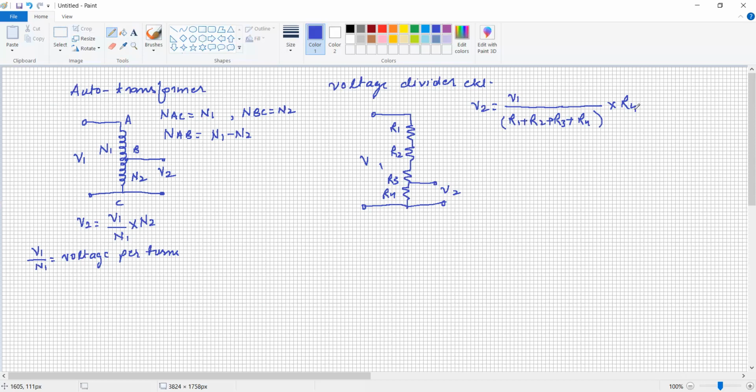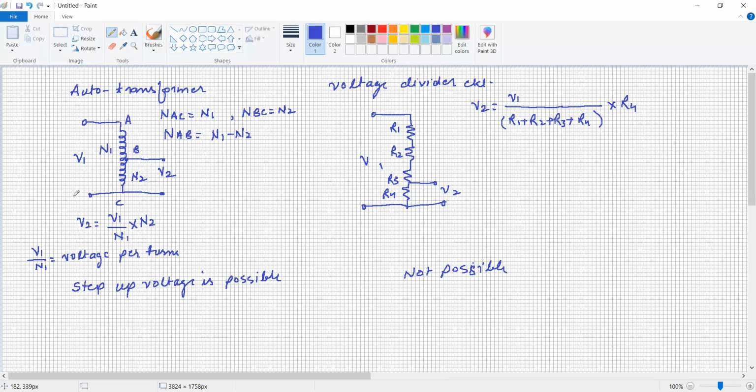No. In this circuit we only get voltage stepped down. Voltage step down is possible with the voltage divider circuit, whereas in an auto transformer, step up voltage is also possible, but here it is not possible. So in a voltage divider circuit, voltage step up is not possible. It is used only for step down voltage.